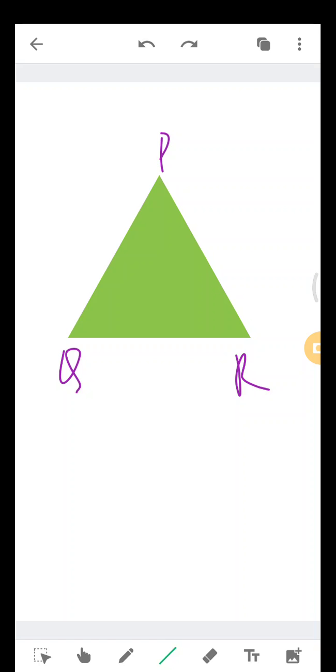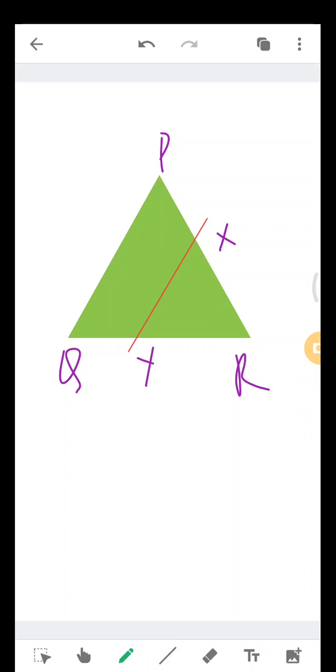So if I take another example, if I draw a line parallel to PQ, I'll name the line as XY. How will the sides be divided?